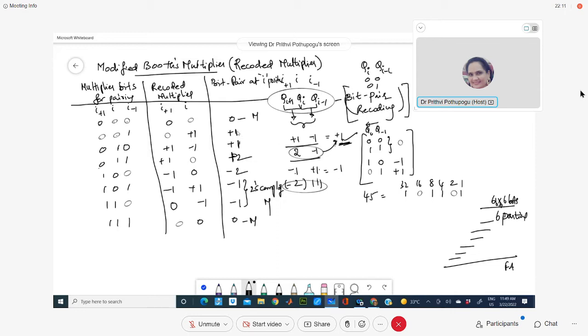Plus 1 is, sorry, this should be 0. 0 means 0 only, because 0 into anything is 0. Here it is M, the magnitude of M.